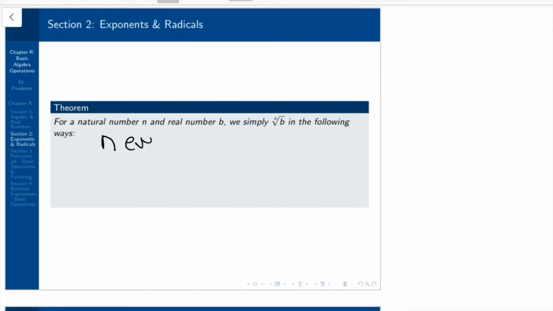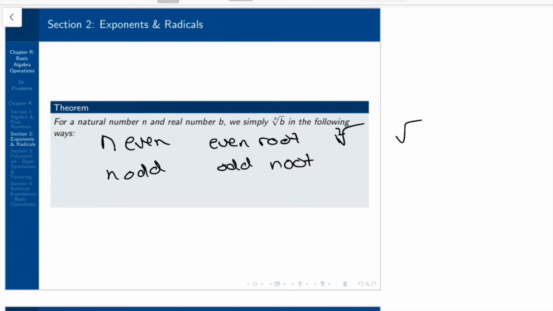If n is even, that means we have an even root, or if n is odd, that means we have an odd root. An even root would be like the square root or fourth root, and an odd root would be something like the fifth or third root.